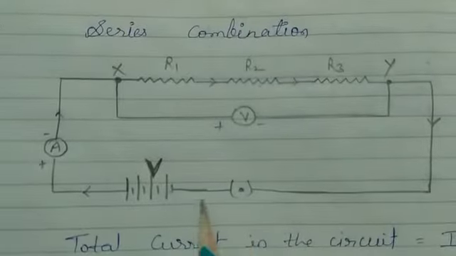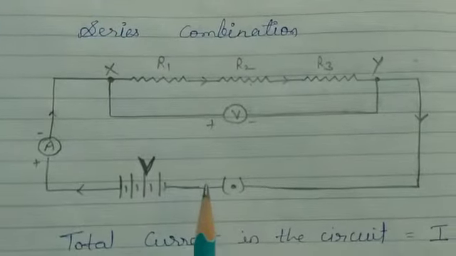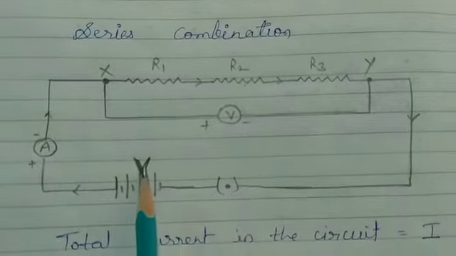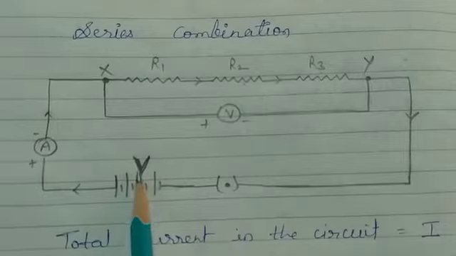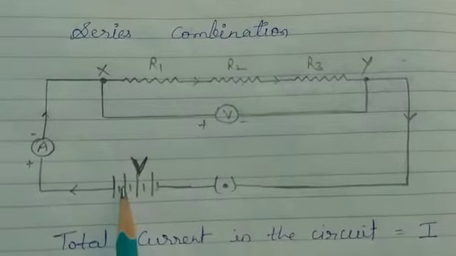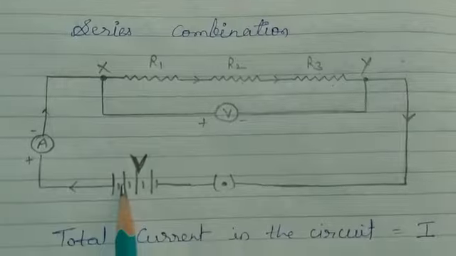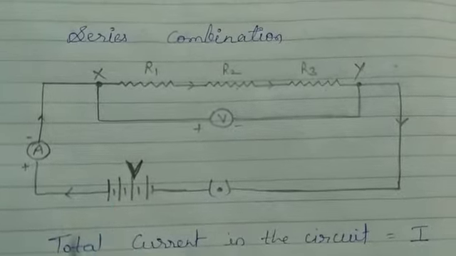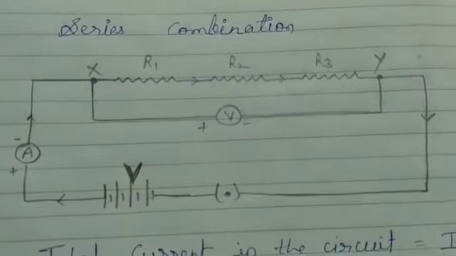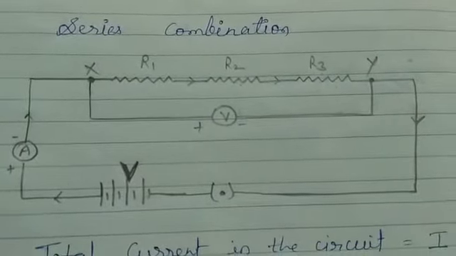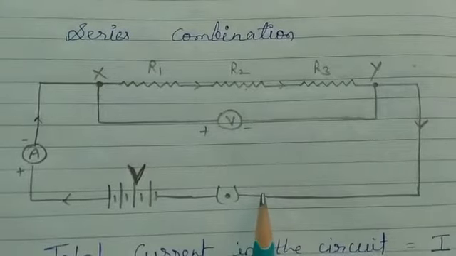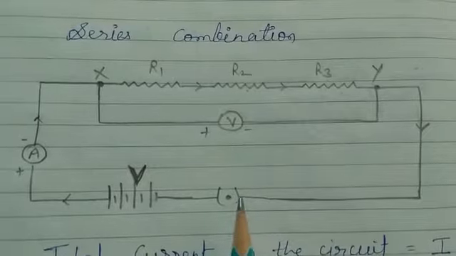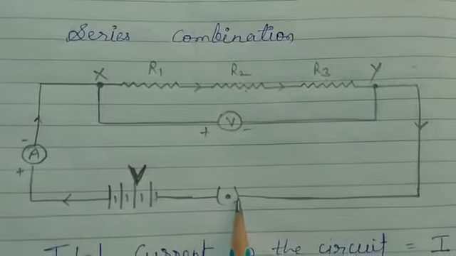Now there are two important points you must remember when finding the resistance in series combination. First thing, about voltage. Voltage is potential difference, and we have seen that potential difference depends on distance. If distance is more, potential difference will be less. If distance is less, it will be more. So potential difference depends on distance from the source.